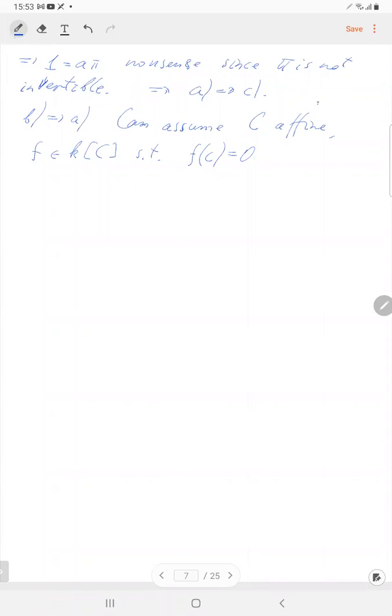So maybe say C is exactly the only zero of this function f.